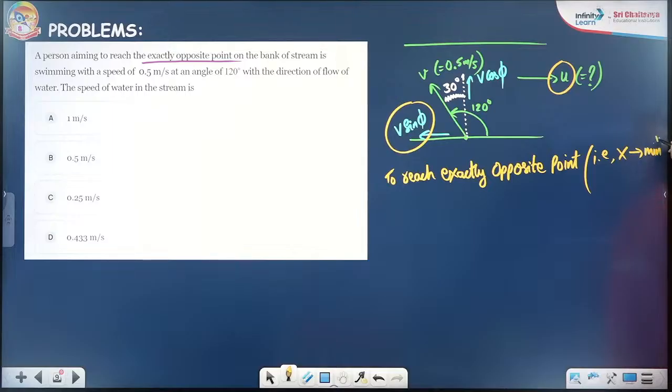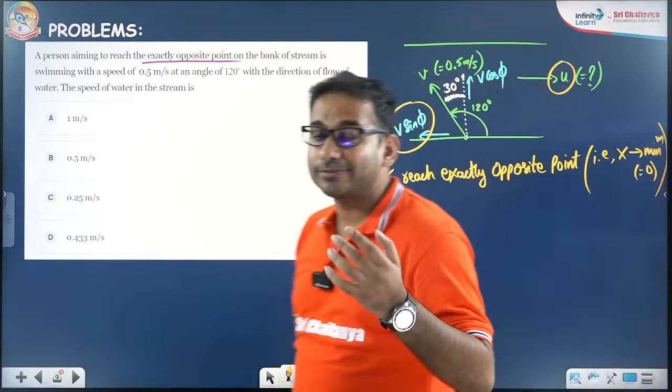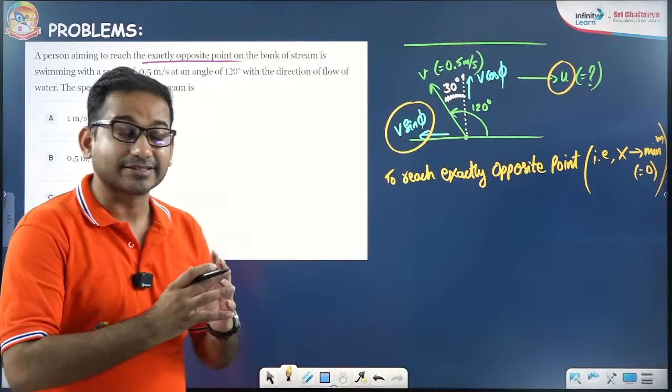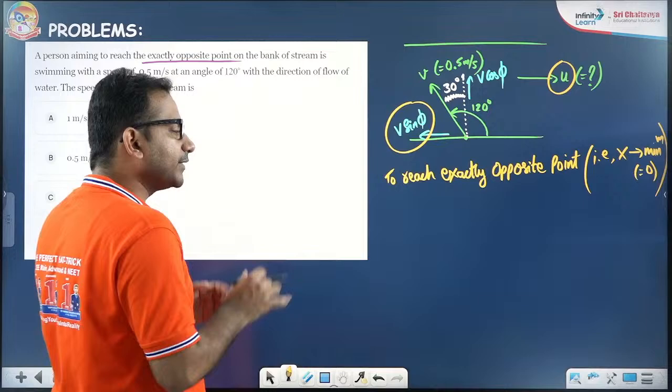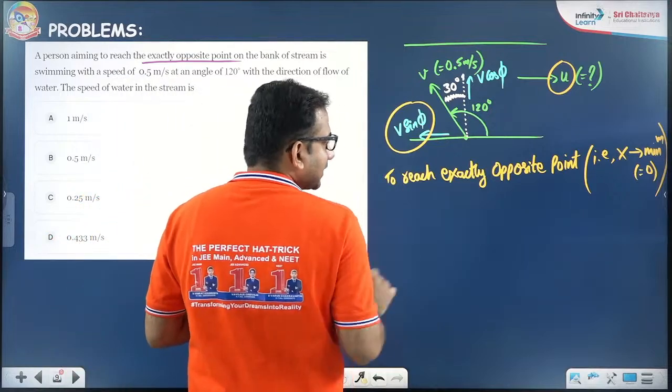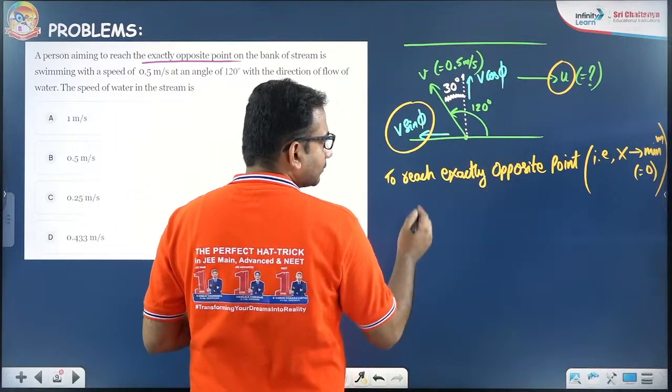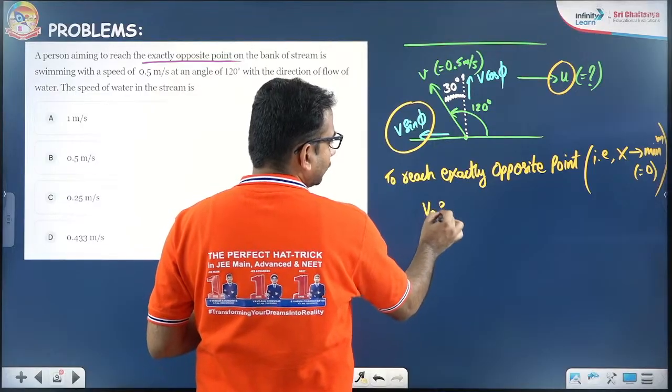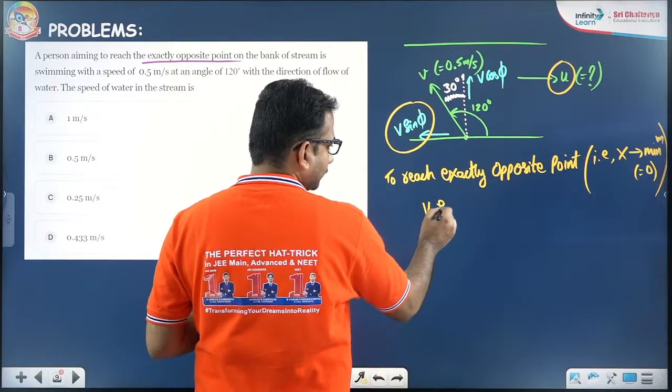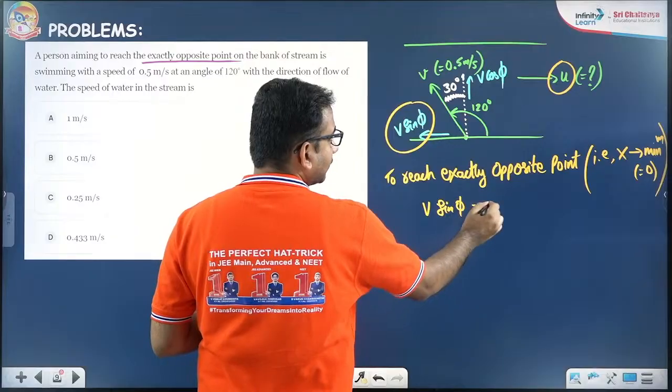And how much is it minimum? Minimum drift is 0. Interestingly, in the minimum time condition, time obviously will not be 0, it will be something. But in minimum drift, the drift is 0. To reach the exactly opposite point, the drift should be 0. So what we have is V sin phi over here, and that must be equal to U.